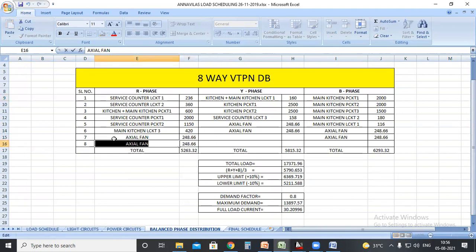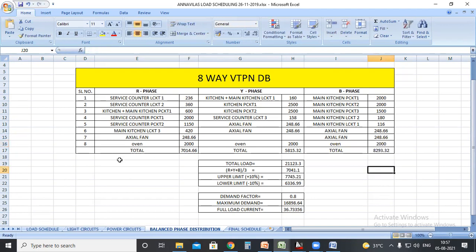Now, when you prepare the balanced phase distribution, you have to mention the oven as 2000 here, in the same circuit, that is R8. Here also I will write oven 2000.